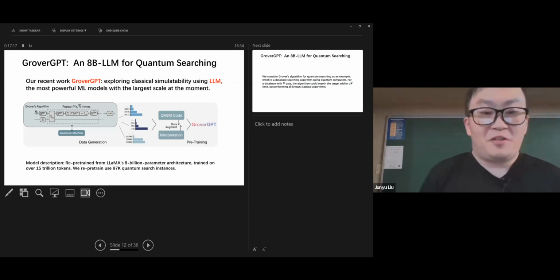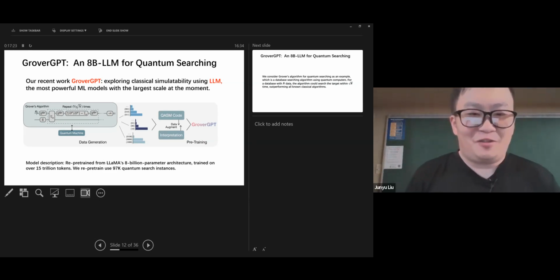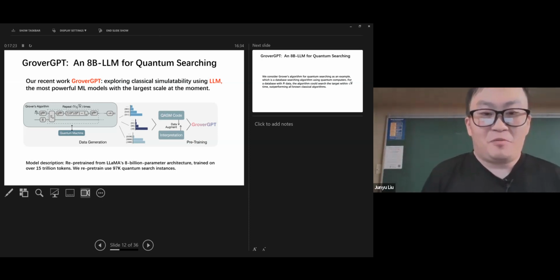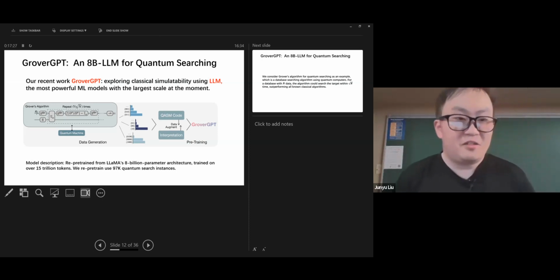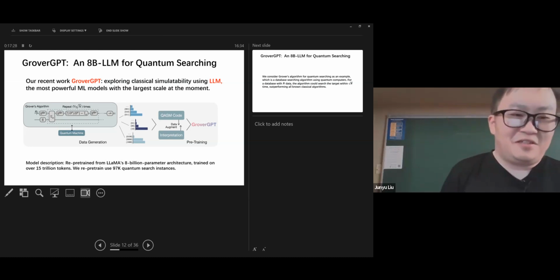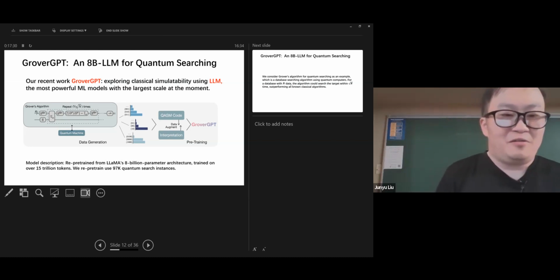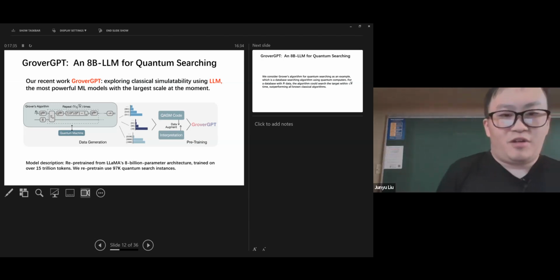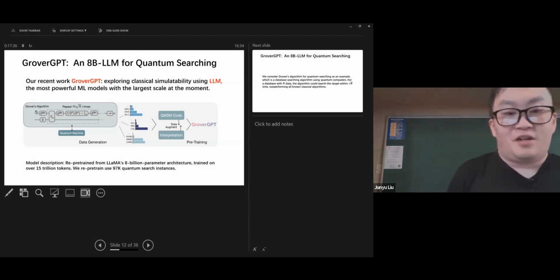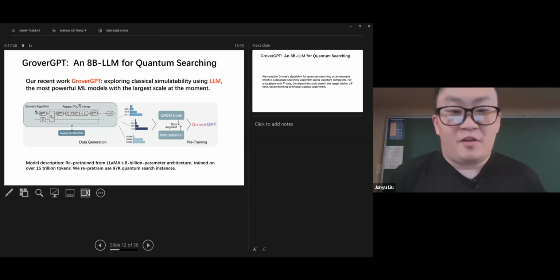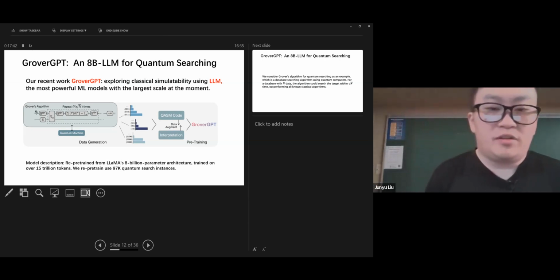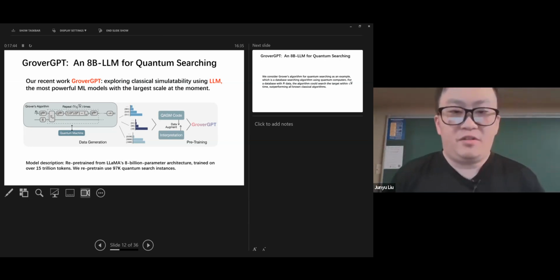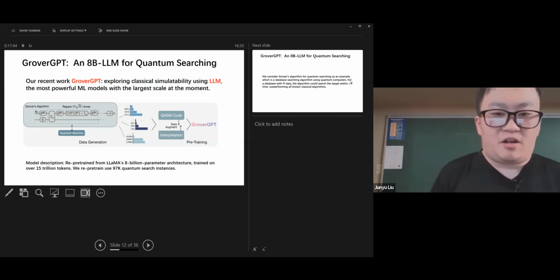And the model description is that we basically re-pre-train and also fine-tune from the Llama 3.1 8 billion model architecture. Originally, this model is trained over a huge amount of training data. And basically, we re-pre-train using a limited number of quantum search instances and also fine-tune it using some AI technology.